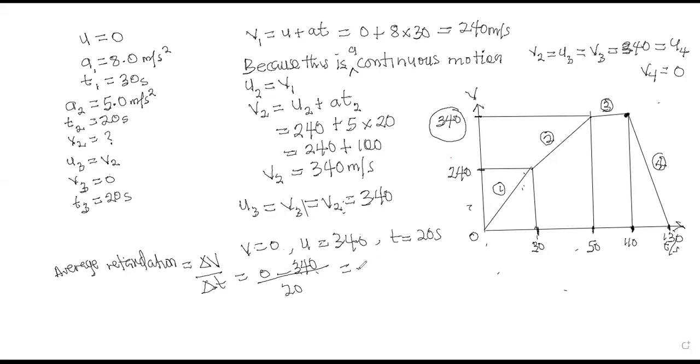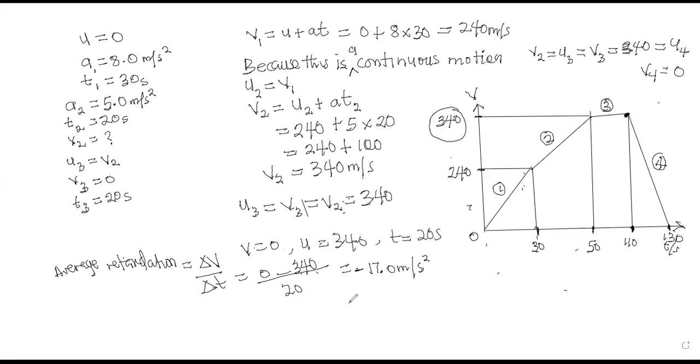What is 340 divided by 20? That is 17, right? Can you hear me, class? Yes. So minus 17 meters per second squared is the average retardation or deceleration.